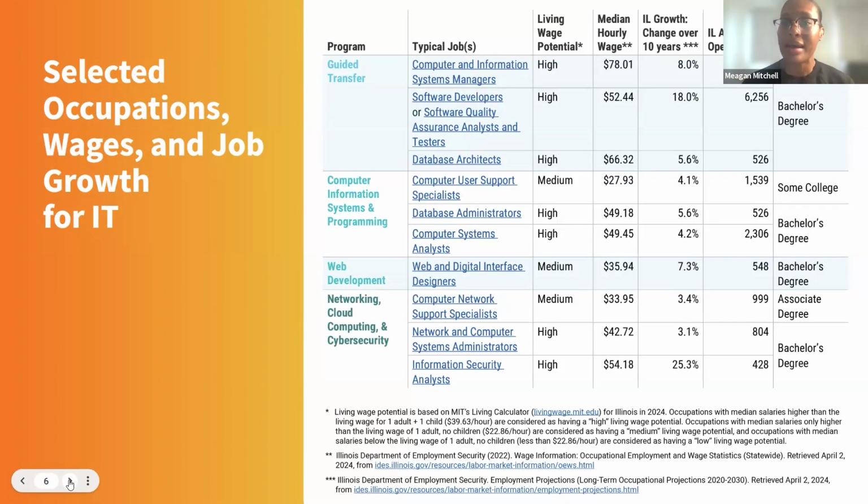When you think about the growth over 10 years, we want to make sure that we're leading to occupations that are going to be available and accessible for students as they progress within their careers and even graduate from various academic programs. And then we want to think about those annual openings, like how many of these jobs are going to be available for these students.